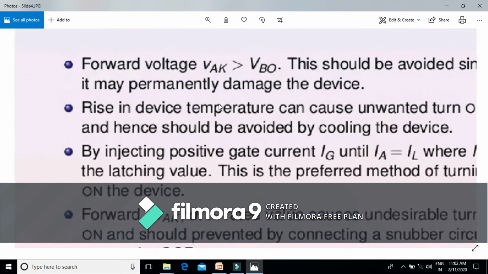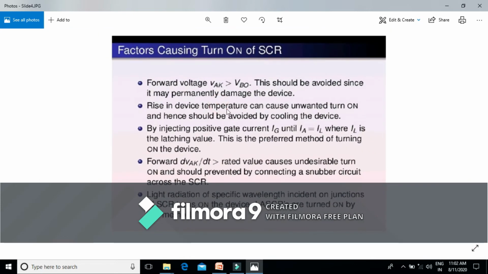Now, the next method of triggering is thermal triggering. In this triggering, we are applying only the forward voltage. We are not applying any gate current. Here also junctions J1 and J3 are forward biased, and the reverse bias is only across the junction J2. That means during forward blocking, most of the forward voltage is across junction J2.